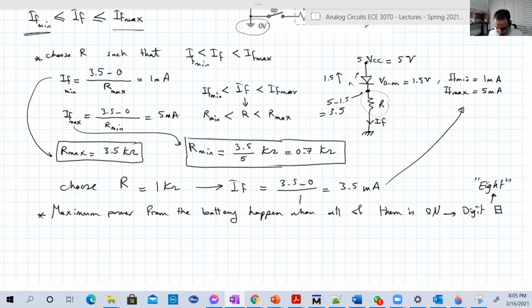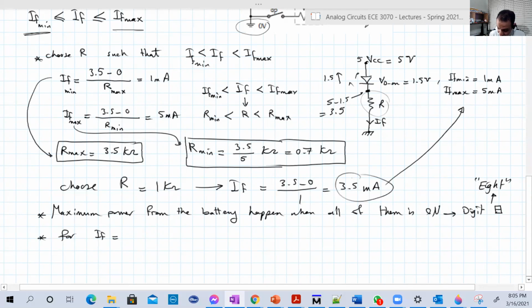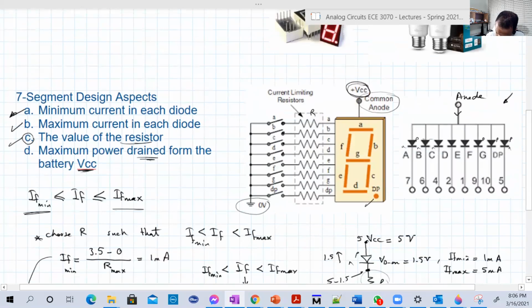the battery voltage. So for I forward equal to 3.5 milliamperes, the one that we just determined based on our choice for the resistor to be 1 kilo ohm, the total current from the battery, basically, you have here 3.5 milliampere, again here 3.5 milliampere, and so on.